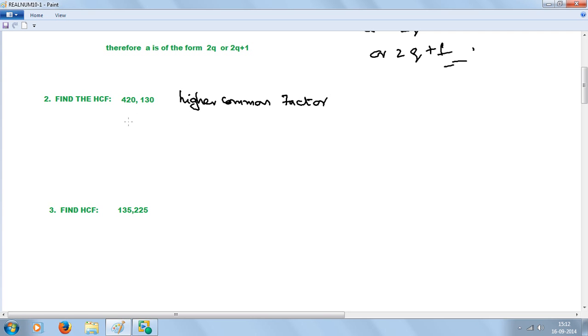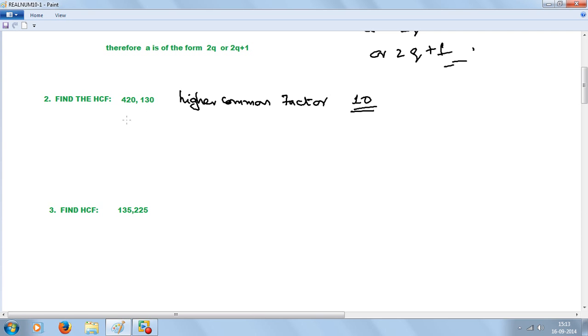We know 10 is one of the factors. The highest factor, if you divide by 10, so we know it can be only 10. If you divide 130 by 10, you get 13. It is an odd number.